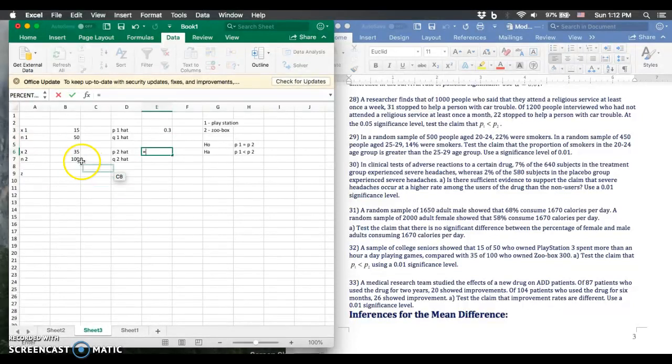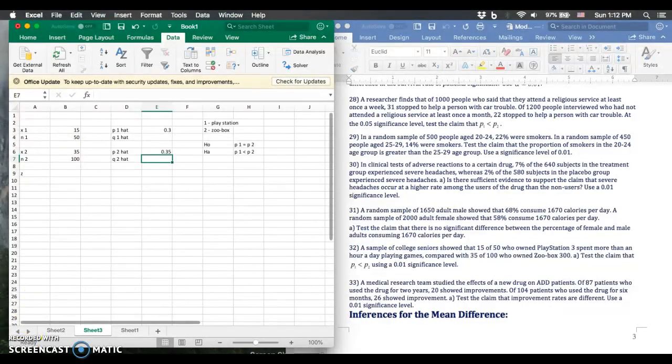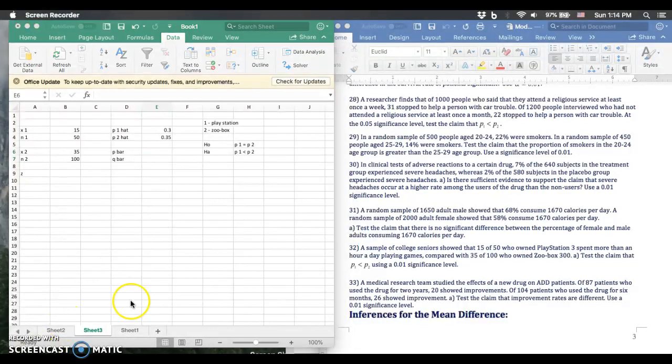My P2 hat is going to be 35 divided by 100. Actually, I just switched some of the template. I put P1 hat and P2 hat on the top. I also need to figure out two more things, which are the P bar and Q bar.